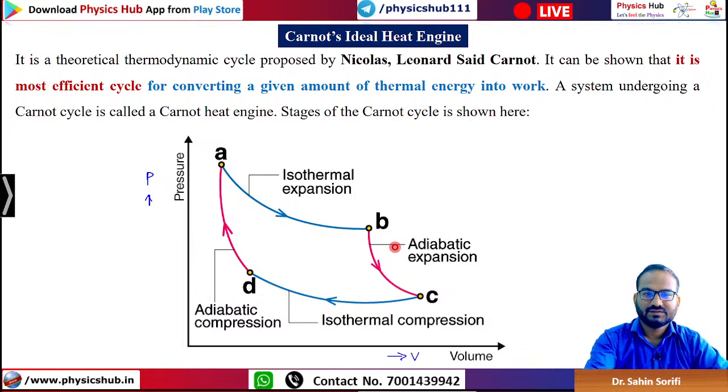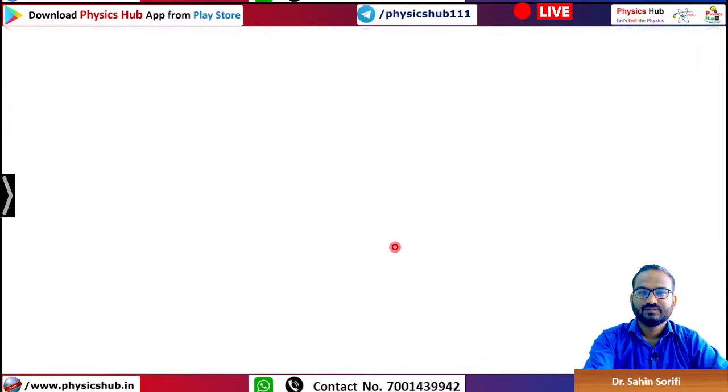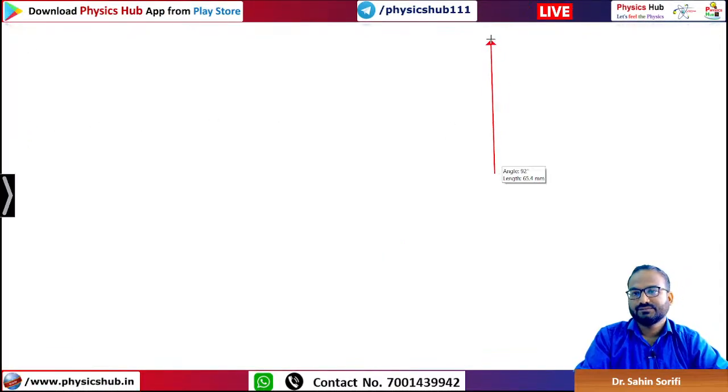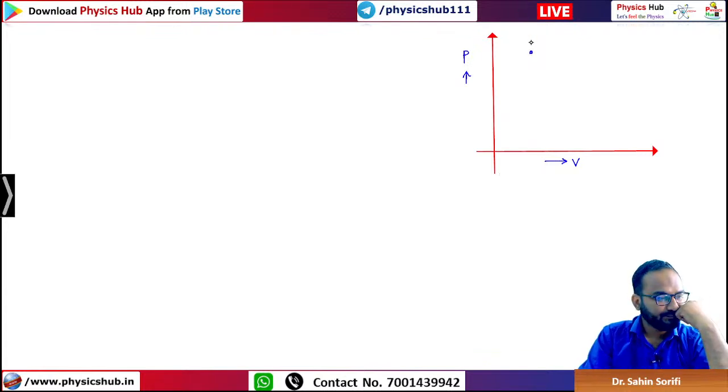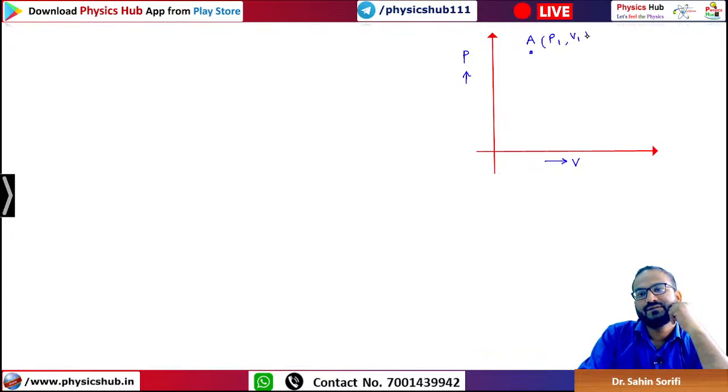Let us just draw this with some more detail on this slide. So, this cycle is known as the Carnot cycle. We are taking help of the PV diagram. Let us say we have a system or gas which is initially at point A, and it will have its PV values, let us say P1, V1.